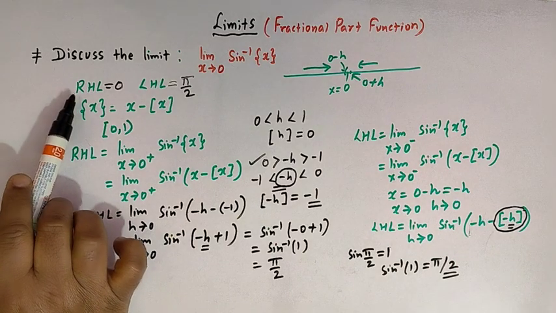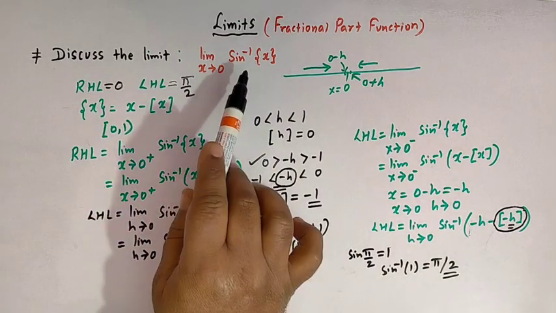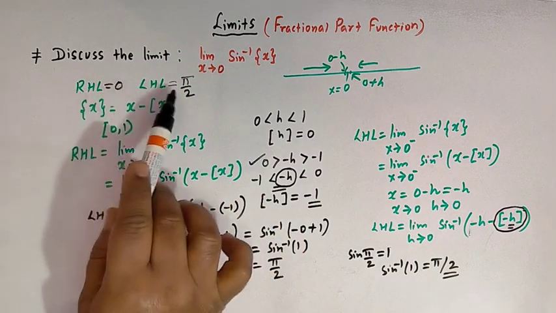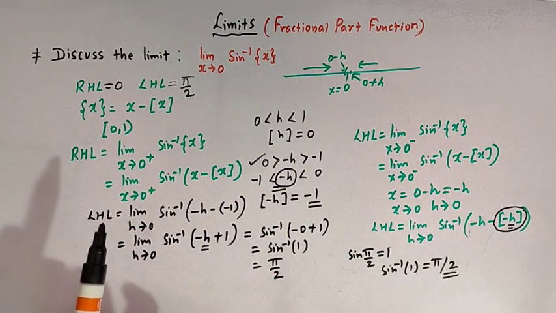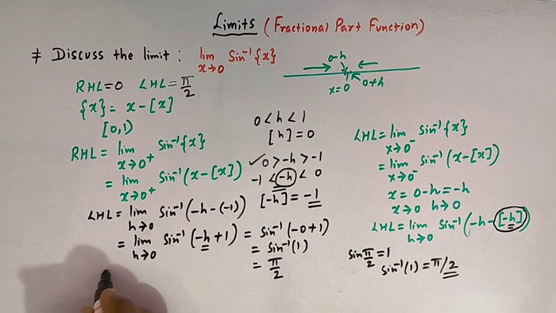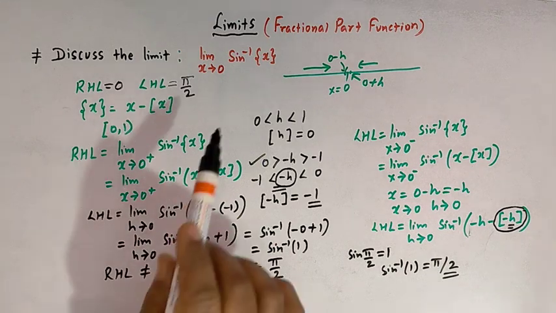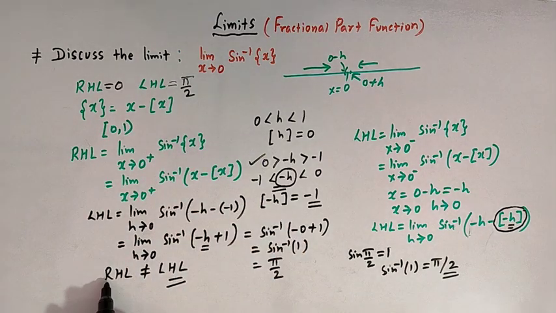So the right hand limit and the left hand limit of this function when x approaches 0 are both finite and both exist, but the right hand limit is not equal to the left hand limit. For the existence of a limit, the right hand limit should be equal to the left hand limit.